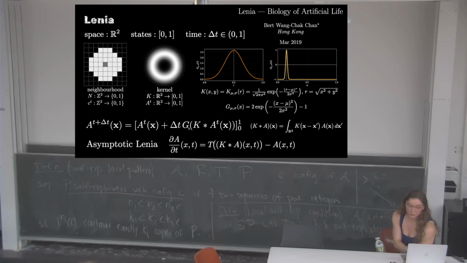Instead, you can introduce some target function which tells you what the target value of that cell should be. And this helps you to get rid of the clipping function somehow. We don't have to go into too much detail. Then also consider a variant of Lenia which is continuous in time, called asymptotic Lenia, which I just wanted to show you for completeness.